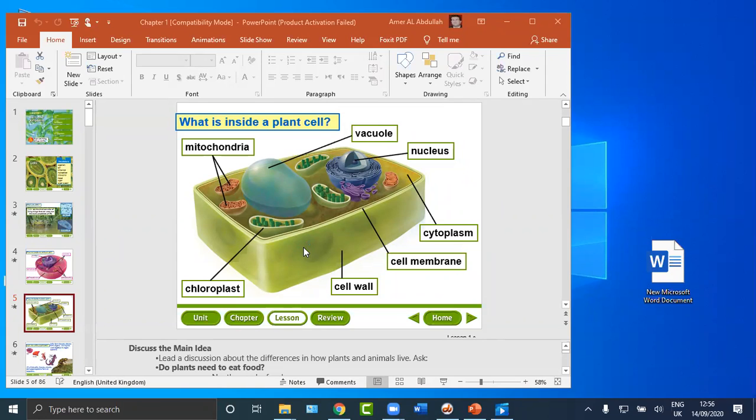This vacuole stores excess water and provides extra support. The plant uses this extra water when it needs it.